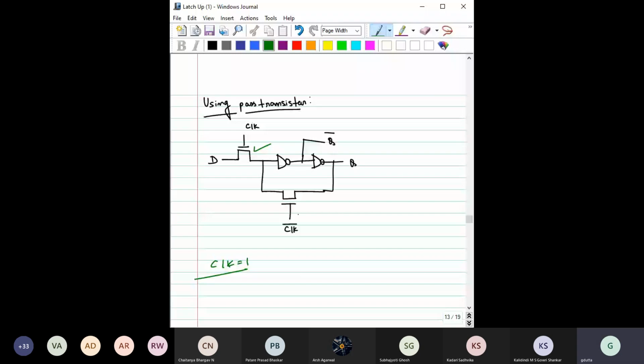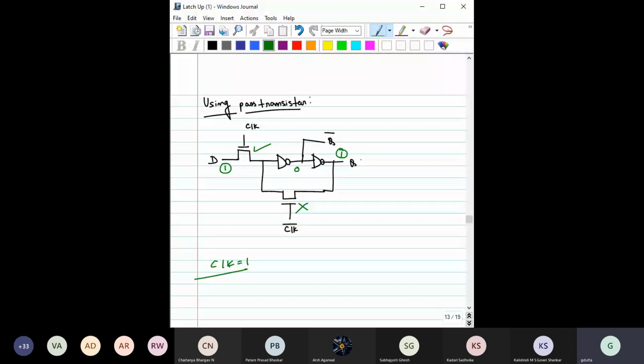So this D, if this D is say 1, then here it becomes 0, right? Then you get here Q bar. If this D is 1, then you get Q bar is 0. Then you are getting Q bar from here. Okay. Now if you use one more inverter, then you are getting here again 1, right? This is 1, this is 1, right? So whatever you have given here, you are getting, right?